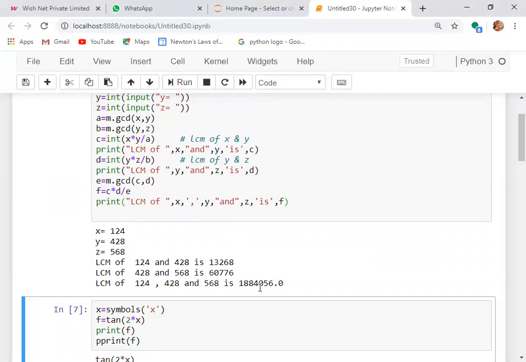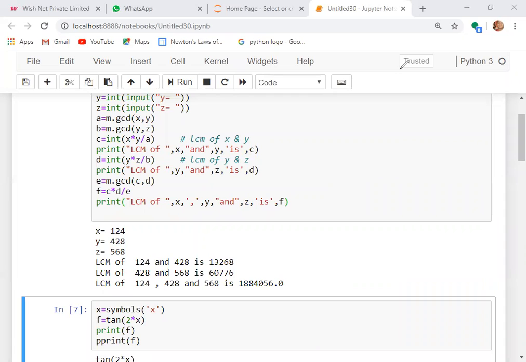That means it is nearly 18 lakhs 84 thousand 56. So by this technique we can easily find the LCM of whatever large numbers you want.